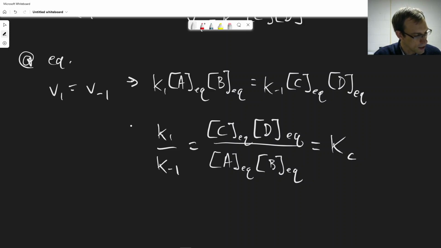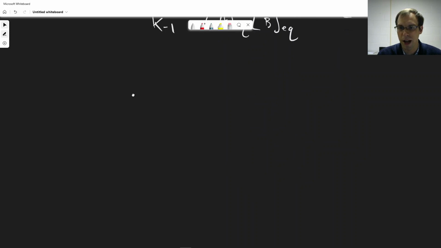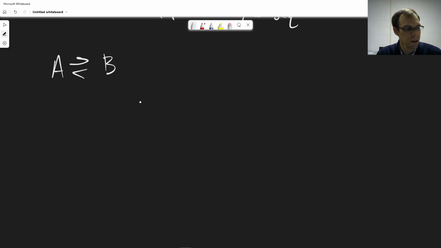This only applies specifically to elementary reactions at equilibrium. So let's look at a slightly more complicated reaction and how we can apply this and get back to the same sort of setup. So let's look at a reaction between A and B. This is the complex reaction.